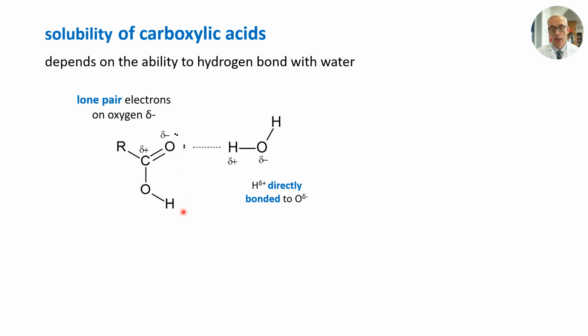Now, the hydrogen here and the oxygen here can also interact with water in a very similar way. But I've left my diagram simple just by looking at one possible instance. This electrostatic attraction is of course called the hydrogen bond.